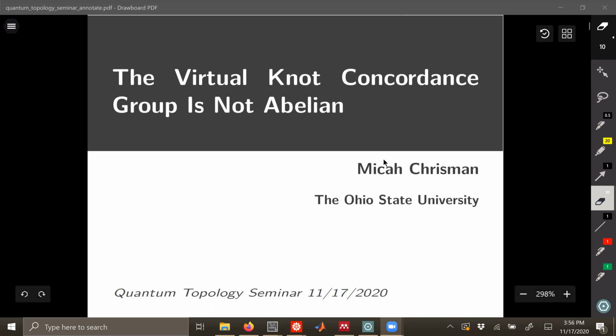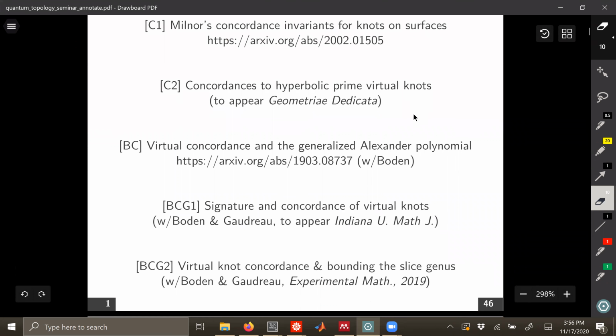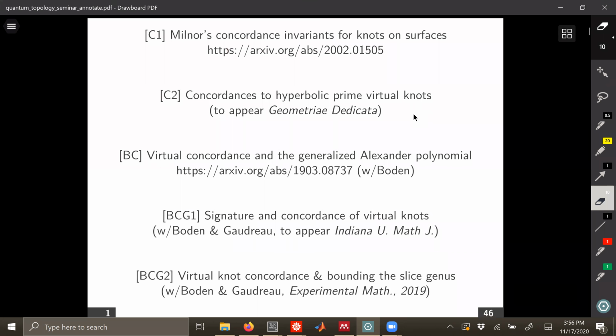So before we begin, just to give you a few references. Most of the talk will be from this paper, Milnor's Concordance Invariance for Knots on Surfaces.